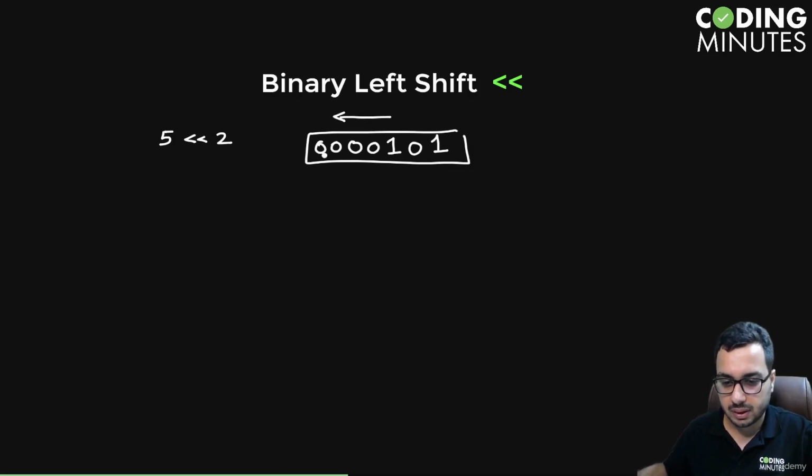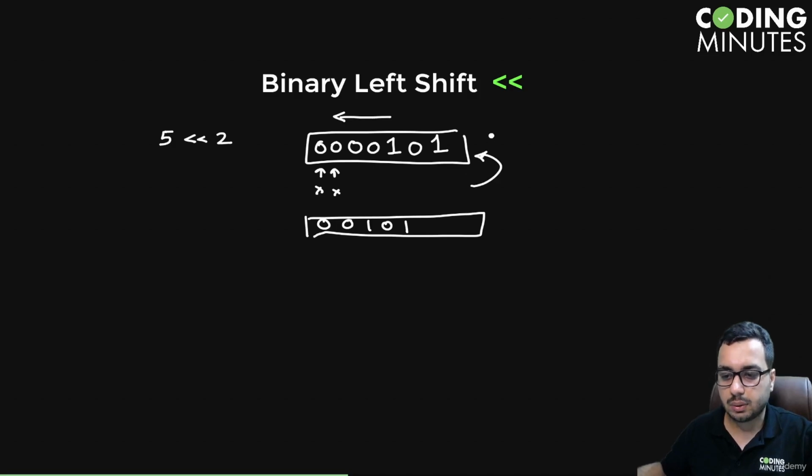So what will happen? These two bits will fall off, and you will have something like this: 0 0 1 0 1, and from here you will add two zeros. So you will add like this.